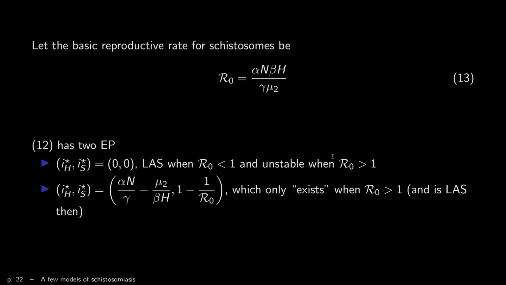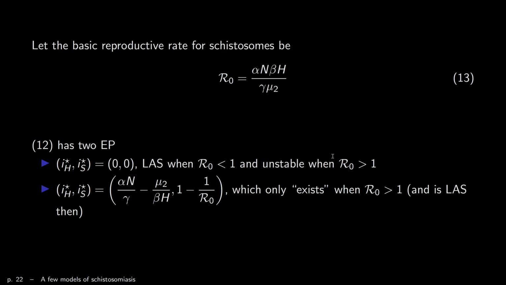Now, he defines a basic reproductive rate, and this is a two-species system, and it's always complicated when you're thinking about several species to think about how a reproduction number works. So here, what you have is the reproduction number for schistosomes.